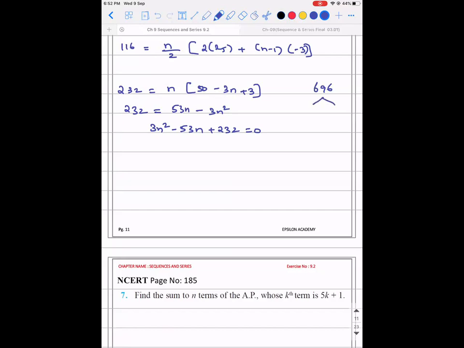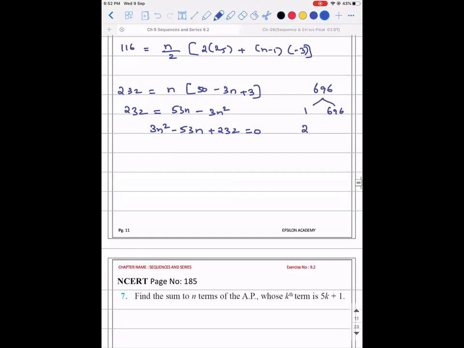Let's see. So, see, generally I find factors like this. I start with 1, okay? 696. Then I will double the left hand side and decrease the right hand side by half. So it will be 348. I'll double this.